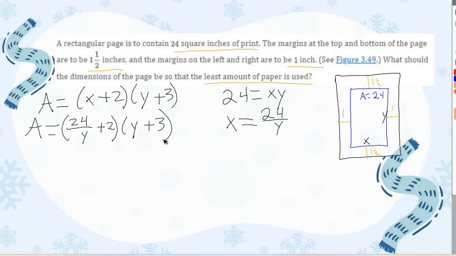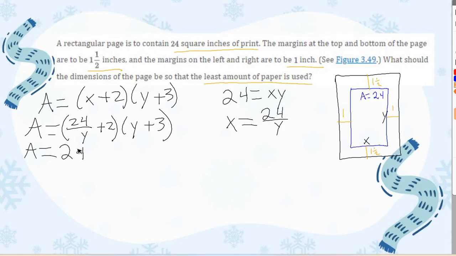So we're looking better. Now we only have one variable. Can I simplify that any further? Yeah. What can we do? Multiply, yes. Okay. So what is 24 divided by y times y? Just 24.